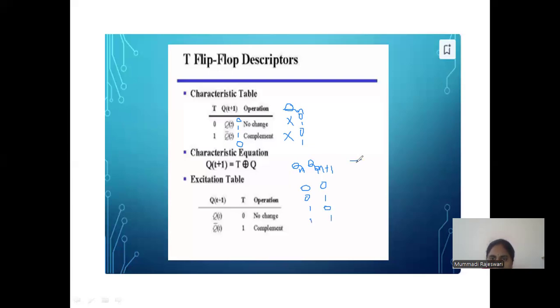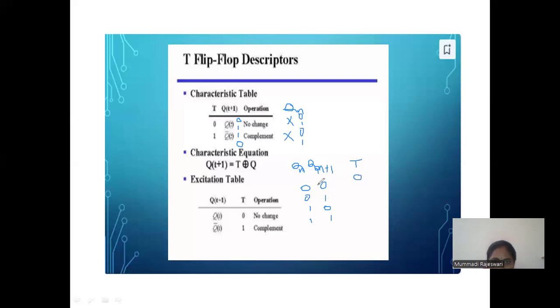For these present state and next state inputs, we need to calculate the mandatory input of the flip-flop. For 0 0, only one condition applies, that is T is equal to 0.